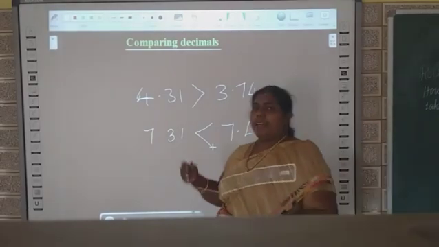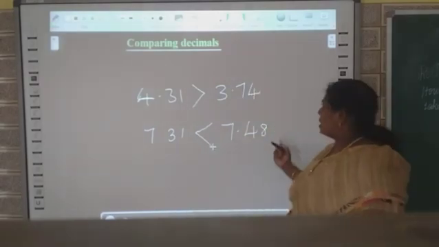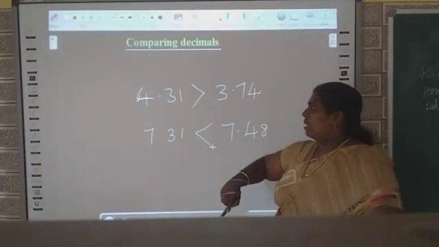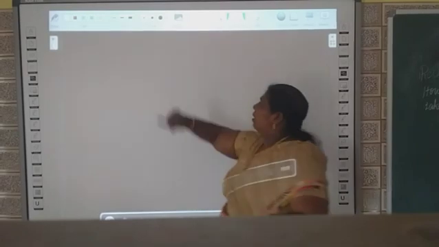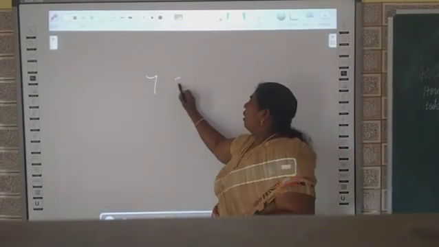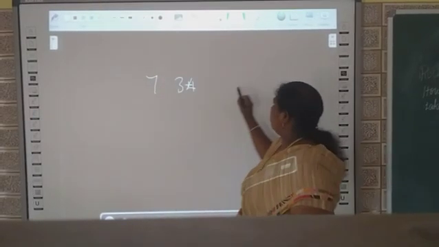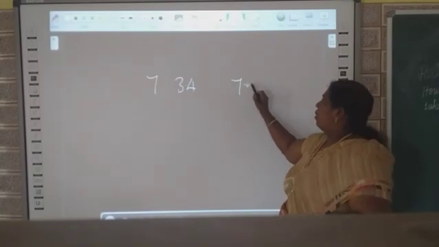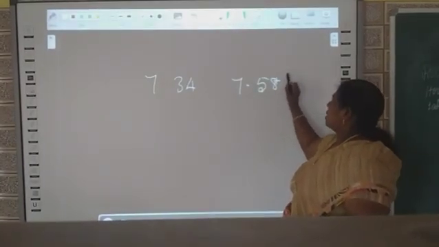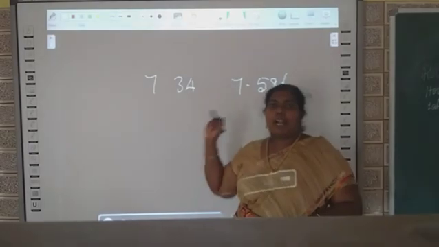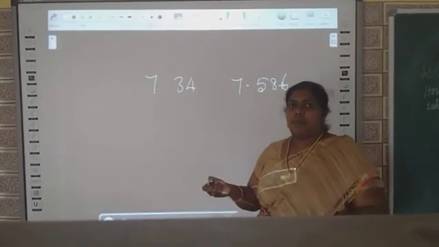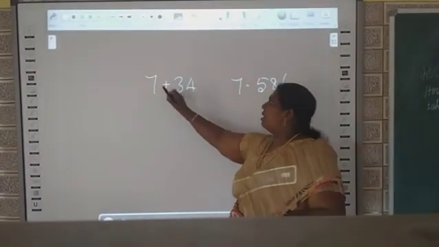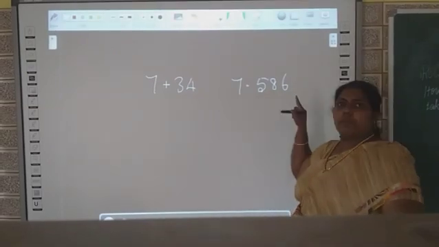Here the decimals are like decimals, isn't it? For example, the decimals are unlike: 7.34 and 7.586. So first you have to convert them into like decimals. Like decimals means the same number of digits after the decimal point; here after decimal 2 numbers, here after decimal 3.